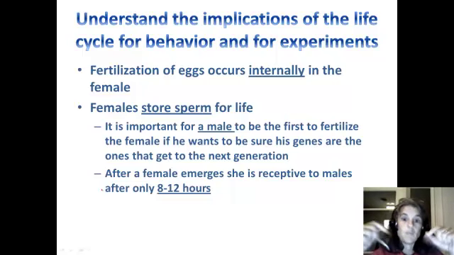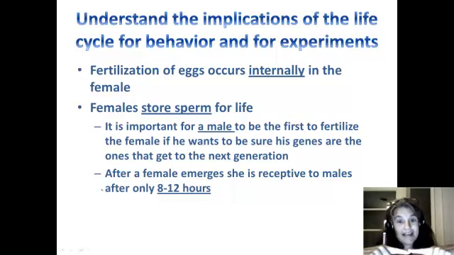Bottom line is, we have to obtain virgin females for our crosses that have never mated before, and that means that we have to be ready to essentially pull those newly hatched females out of a vial and put them into a clean vial by themselves immediately. We can't let them sit in there for longer than 8 hours, or we run the risk of them having mated with whatever males might happen to be in the culture vial with them.